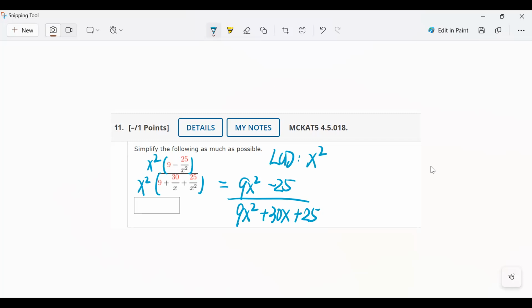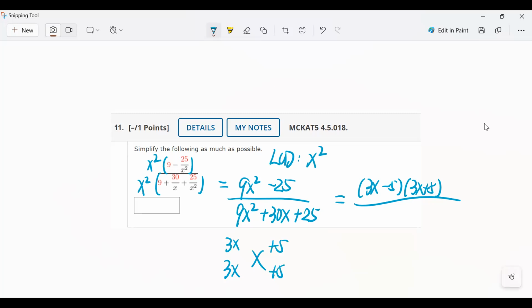And we need to factor further, right? On the top, it's a difference of two squares, (3x) squared minus 5 squared. So it's (3x minus 5)(3x plus 5). On the bottom is a perfect square, so it's (3x plus 5)(3x plus 5). Cross multiply, we get 30x over 3x.